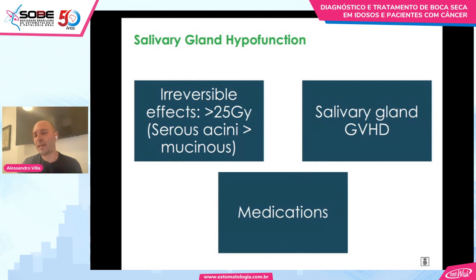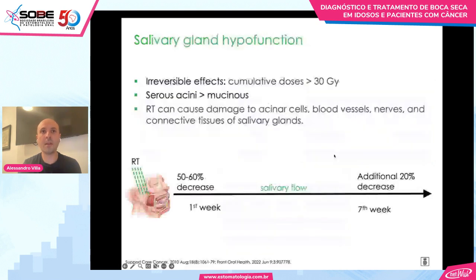So when we look at a cancer patient, we talked about radiotherapy being one of the side effects, salivary gland graft-versus-host disease, and some of the cancer drugs like immunotherapy and other chemotherapeutic agents that can cause a diminished salivary flow in these patients. Salivary gland hypofunction in head and neck cancer patients is mostly secondary to radiation.